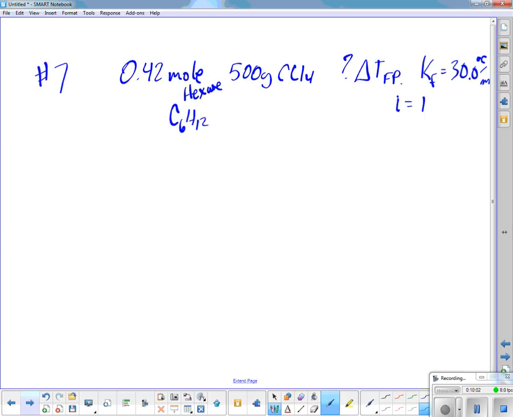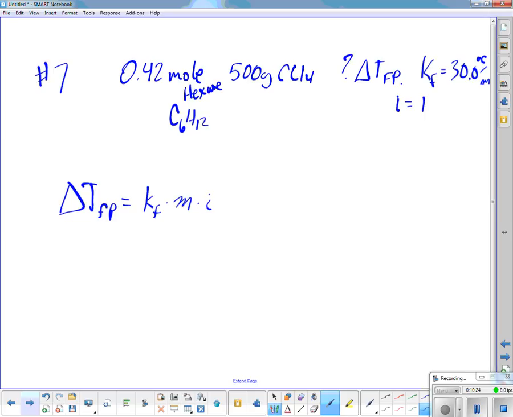It's a big long molecule, not as big as octane, which you burn in your car. So here we've got everything we need except for molal. If we look at the equation, delta Tf is equal to Kf times molal times i. We don't have molal.